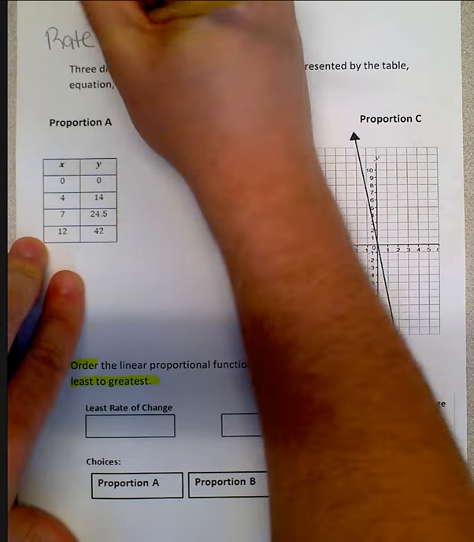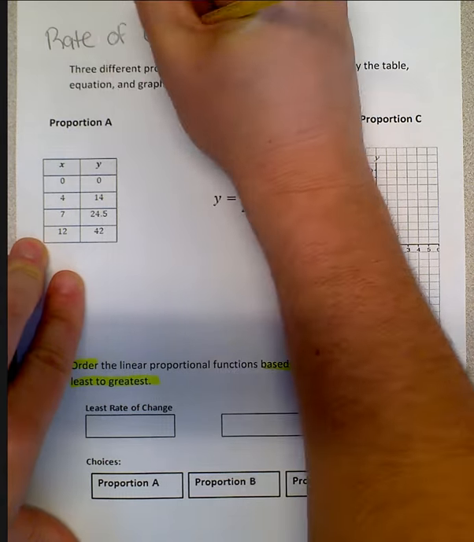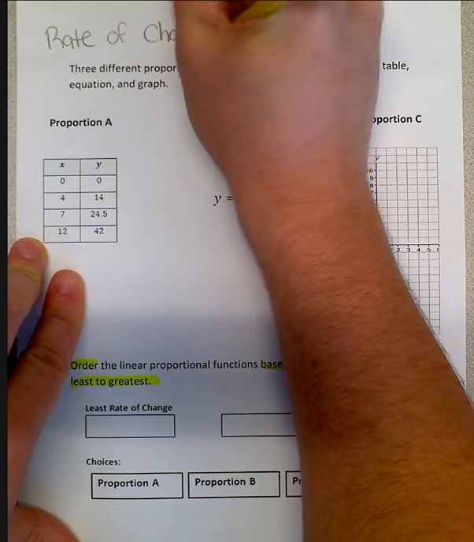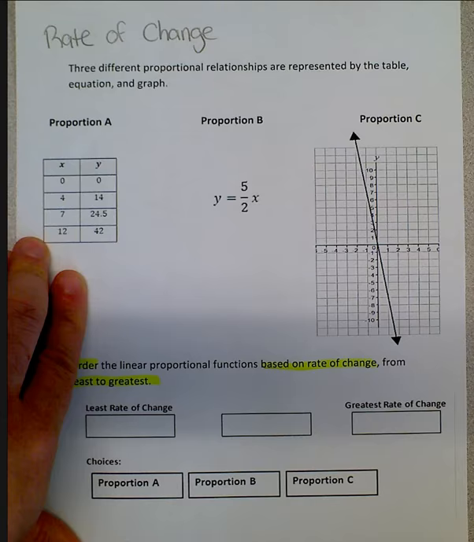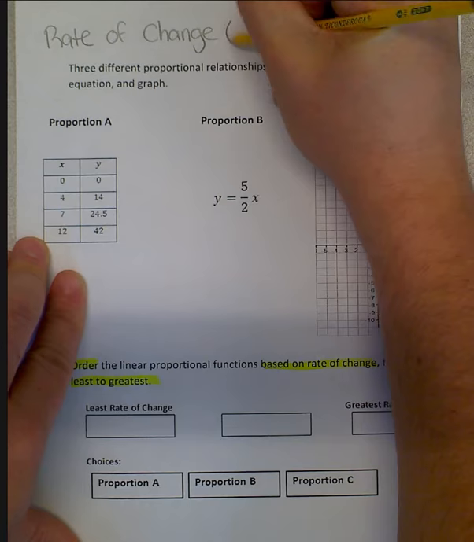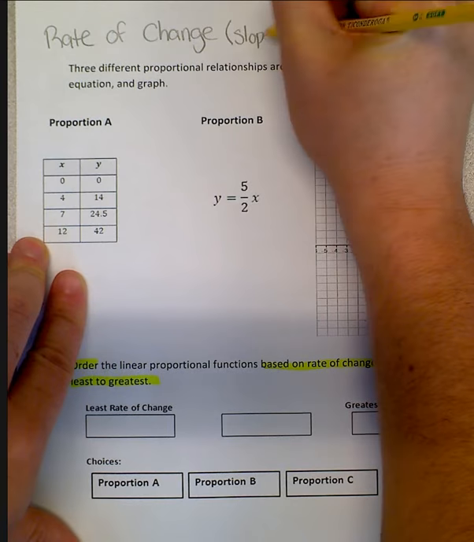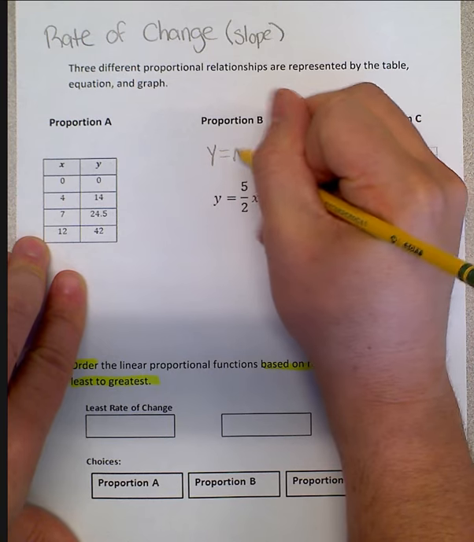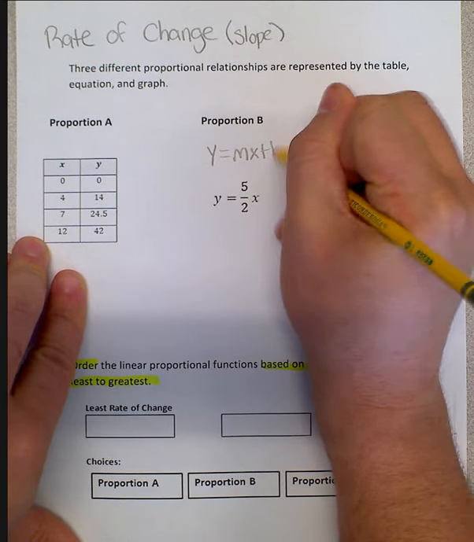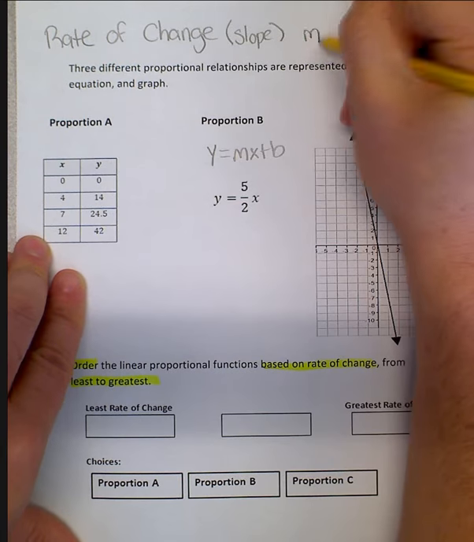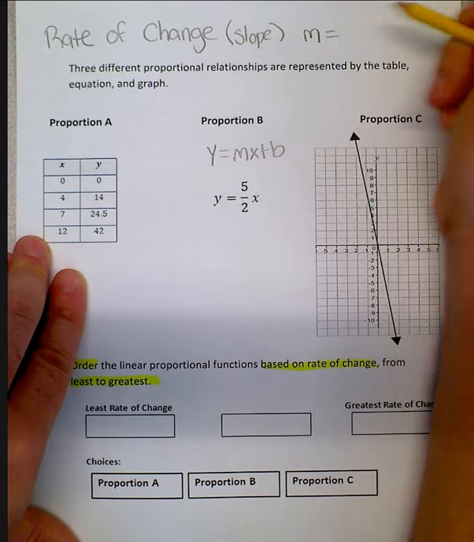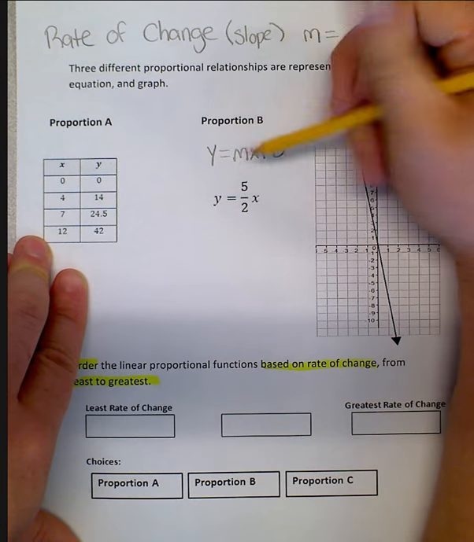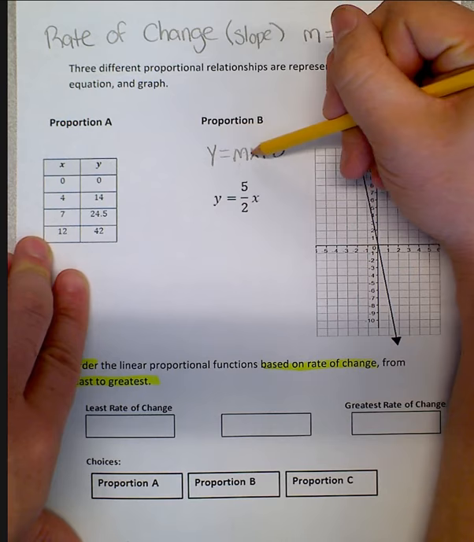A rate of change. Do you remember what we call rate of change in 8th grade? That's right, we call it slope. Nice job. So we remember that the slope was always represented by which letter? That's right, M. M stands for slope or rate of change, and it's in the equation y equals mx plus b.